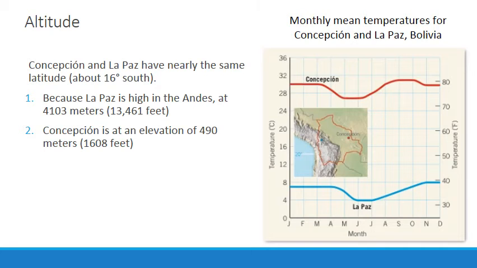When we look at the topography here, we realize that La Paz is way up high in the Andes at 13,000 feet, and that Concepcion is low in the rainforest. So not only do temperatures drop with an increase in altitude, but atmospheric pressure and density also diminish. Because of the reduced density at high altitudes, the overlying atmosphere absorbs, reflects, and scatters a smaller portion of the incoming solar radiation.